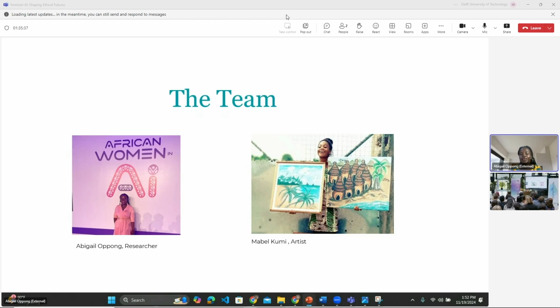The main thing here was that Mabel is an artist, and she doesn't know anything about ChatGPT or generative AI. So what I did was I told her to make a sketch of how African women in the agri sector are, and also how she envisioned them in 5 years' time.